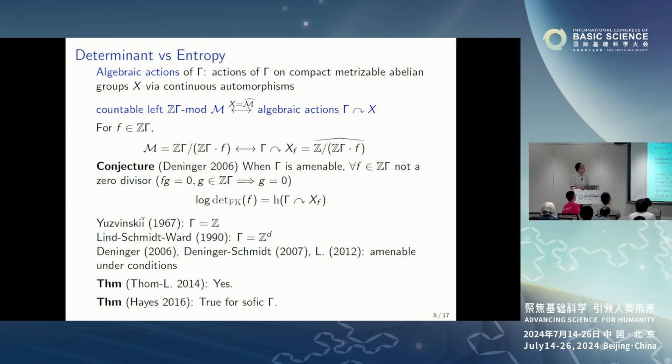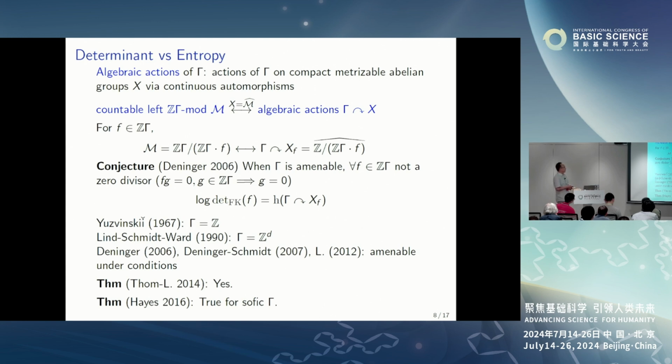Then in 2006, Christopher Deninger first suggested that in the non-commutative case, when the group is non-abelian, the Fuglede-Kadison determinant should be related to the entropy. The precise condition is that you want f to not be a zero divisor.